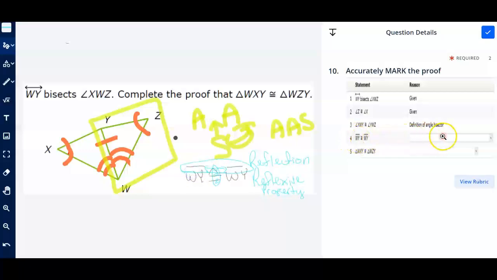So when we go to number 4 reason, we're going to choose reflexive segments. If we had angle A is congruent to angle A, then angle A would be looking in the mirror at itself, reflecting itself, and that would be reflexive angles because it would be angles.